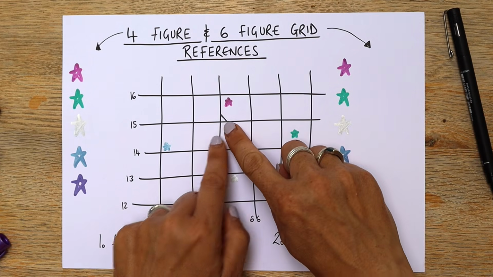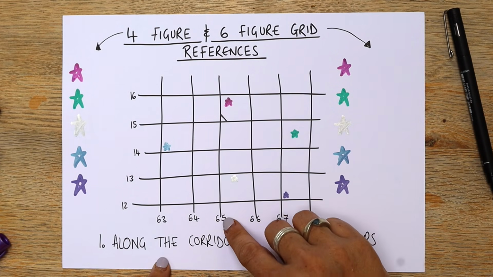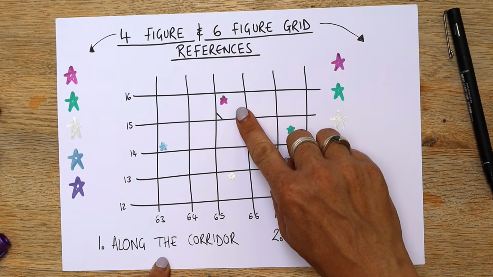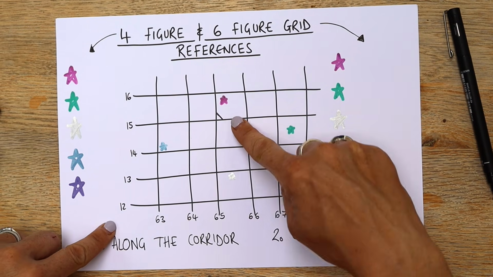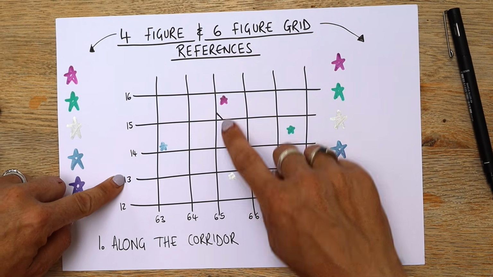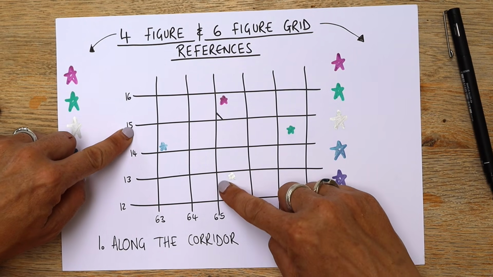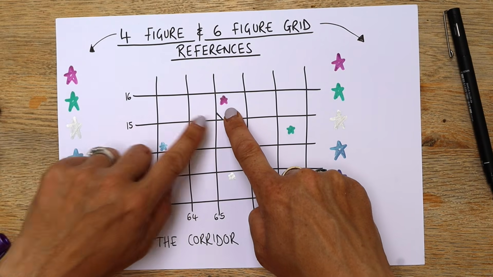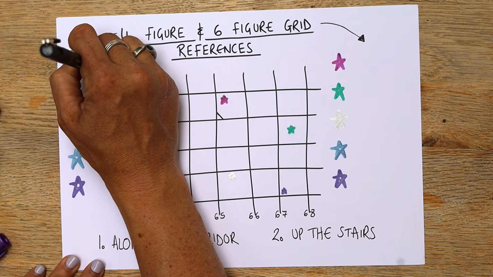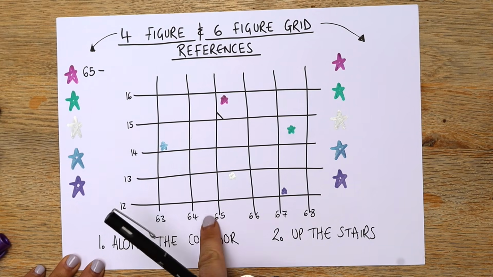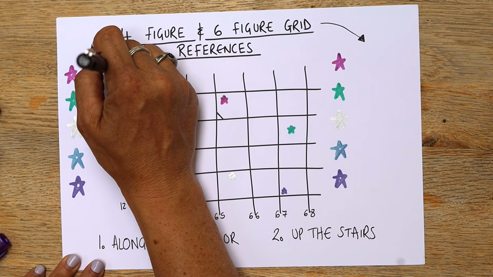Okay, I'm just going to draw that in there. That's the beginning of the box. So I go along to 65, and then I take my finger up the stairs, up to 15. So the 4-figure grid reference for the pink star is 65, I've gone along the corridor, and then 15.